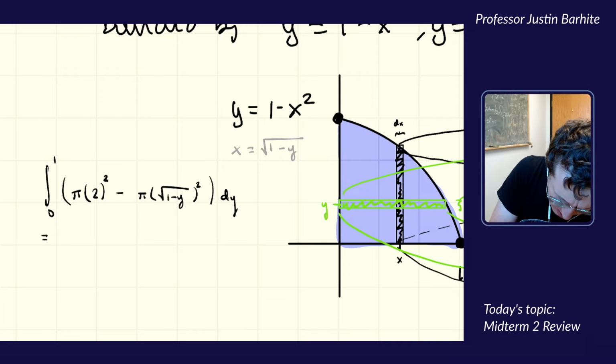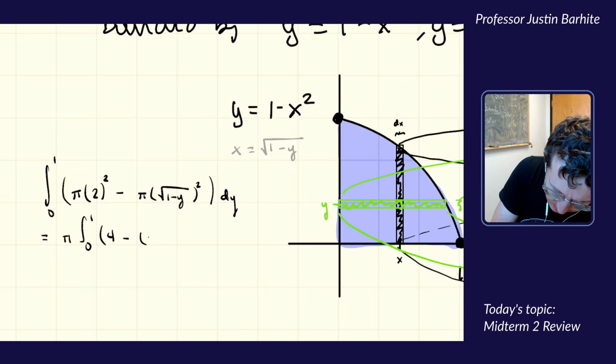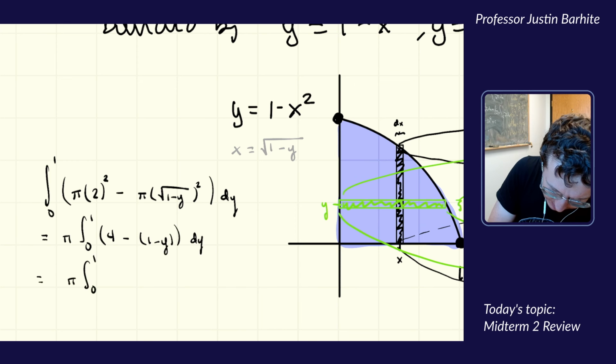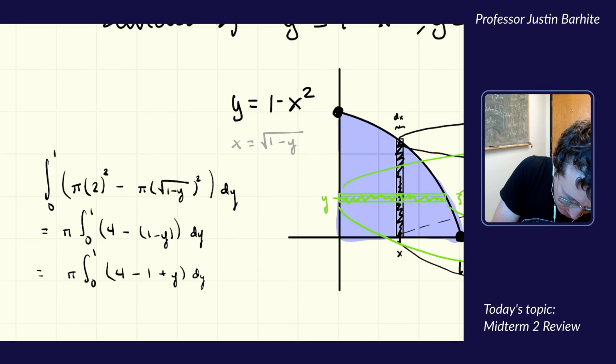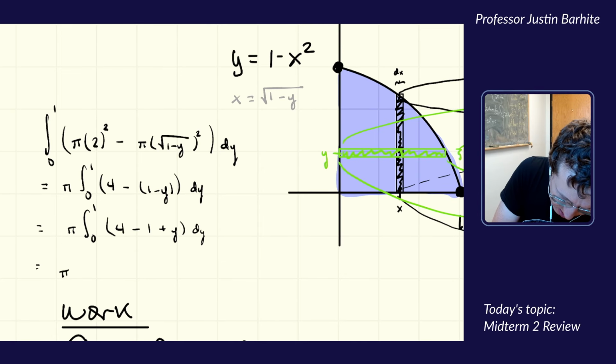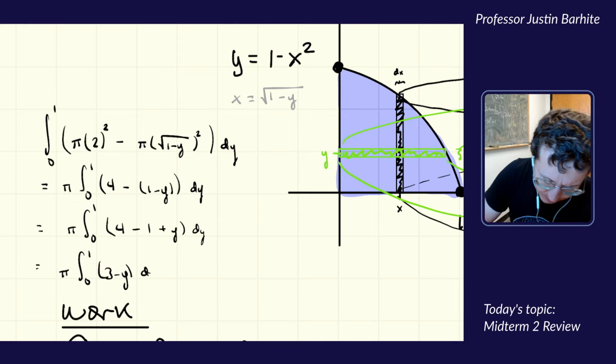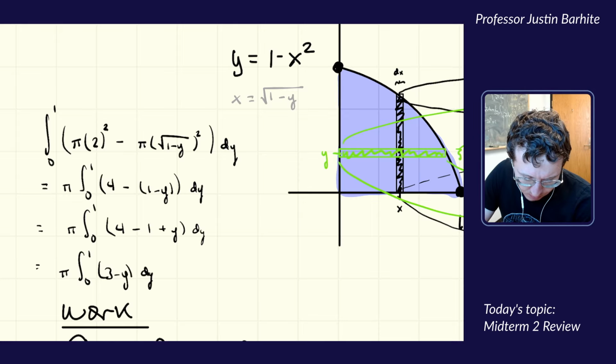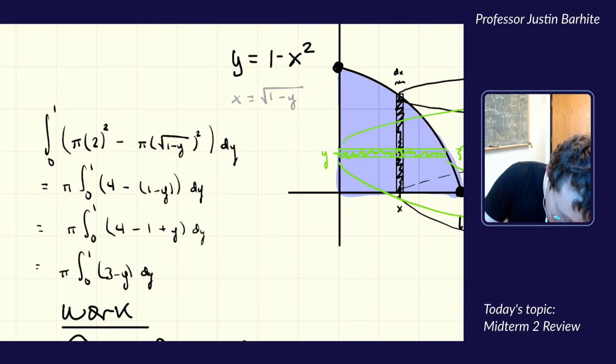Okay, I have a constant factor of pi that I can pull outside of the integral, and I'm left with 4 minus 1 minus y, which, when I distribute the minus sign, becomes 4 minus 1 plus y, which is 3 plus y.